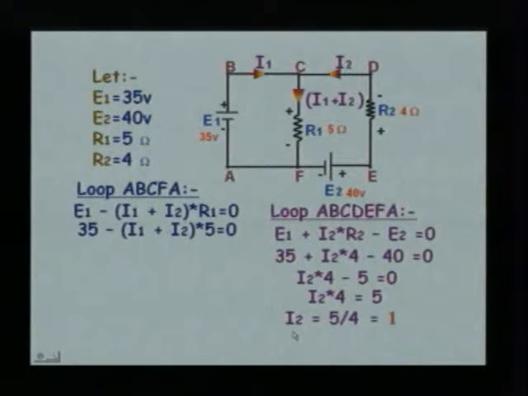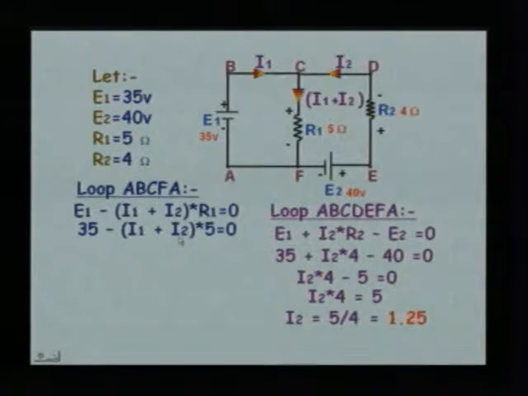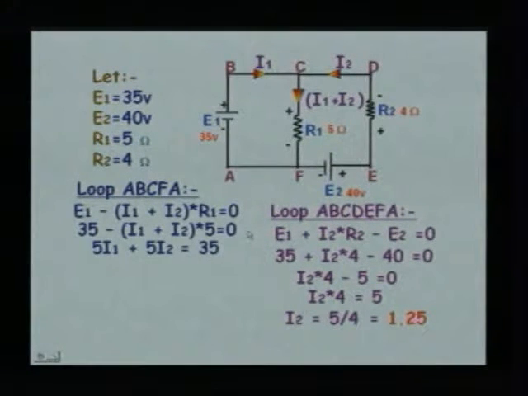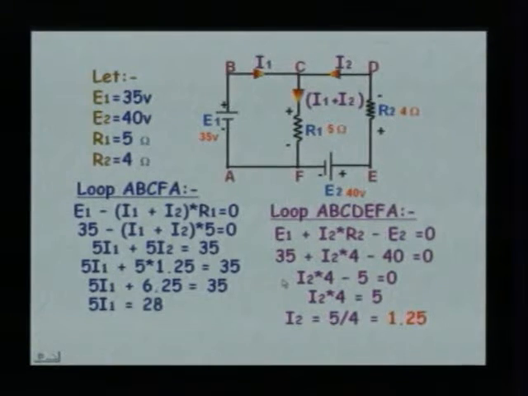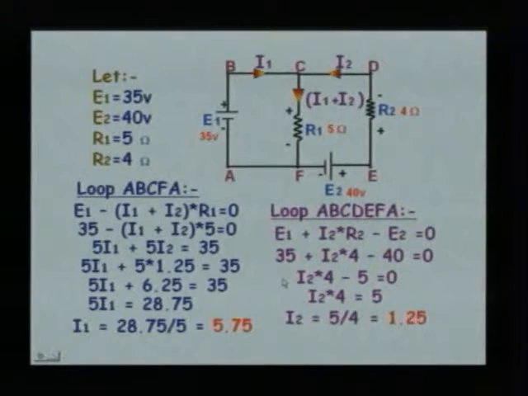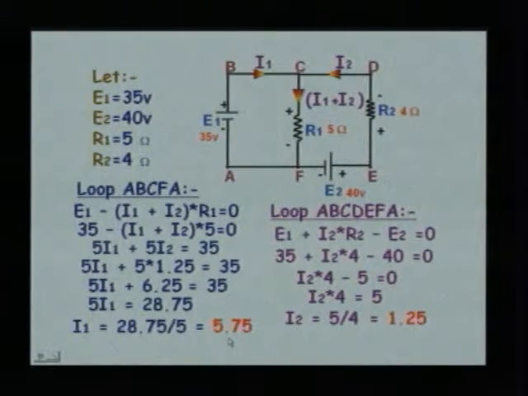From this we get I2 is equal to 1.25. Substitute this I2 in the first equation, then we get 5 I1 plus 5 into 1.25 is equal to 35. So, we will end up getting I1 as 5.75.